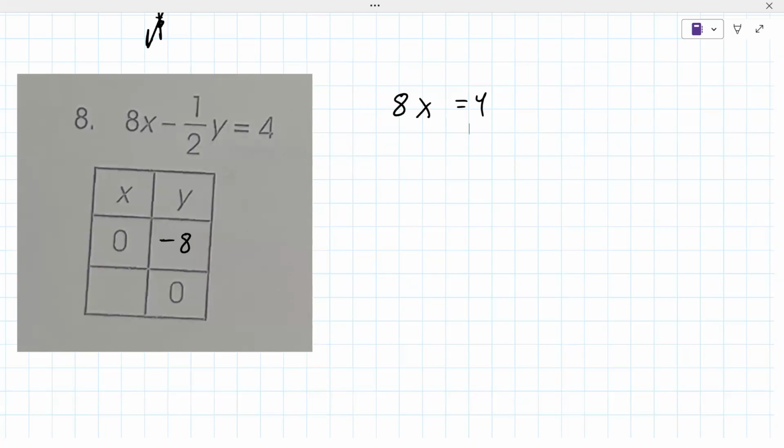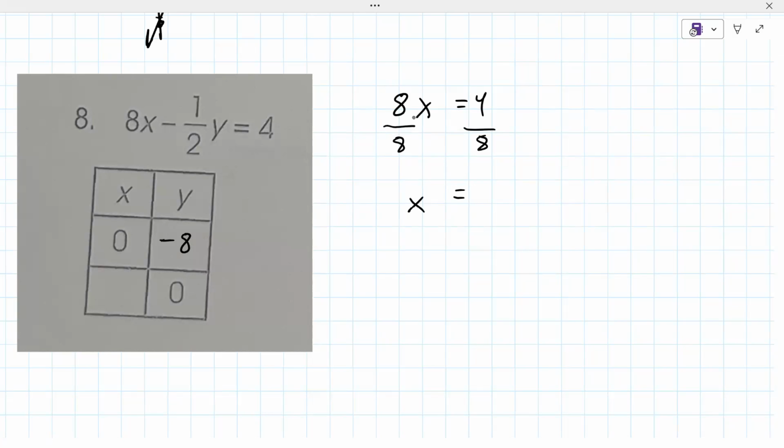Would it be 4? You're dividing both sides by 8. So it's a fraction. You have to reduce the fraction. So try that one more time. It is definitely not 4.